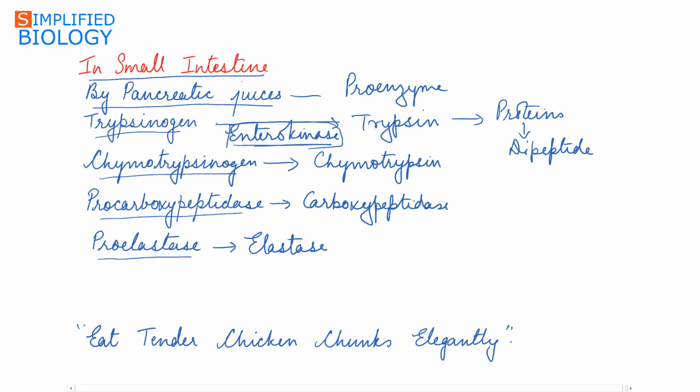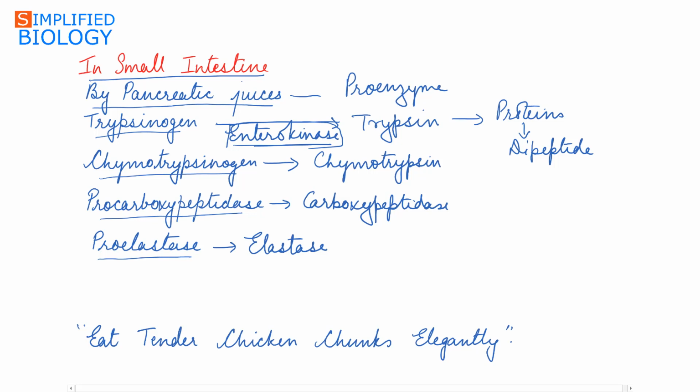So, trypsin is responsible for converting protein into dipeptide and converting the proenzymes chymotrypsinogen into chymotrypsin, procarboxypeptidase into carboxypeptidase, and proelastase into elastase.